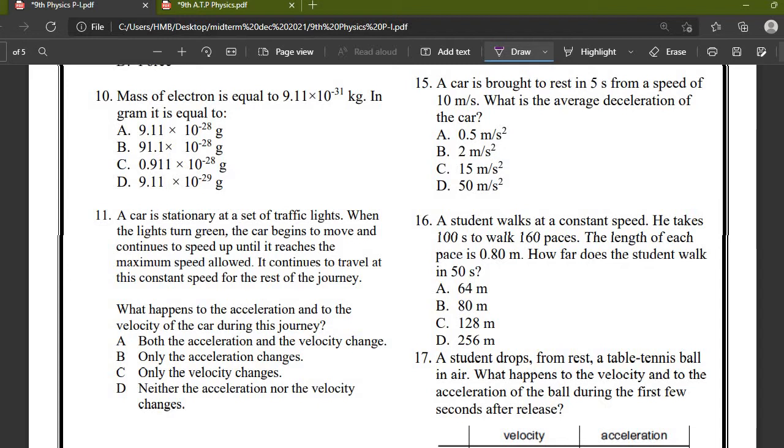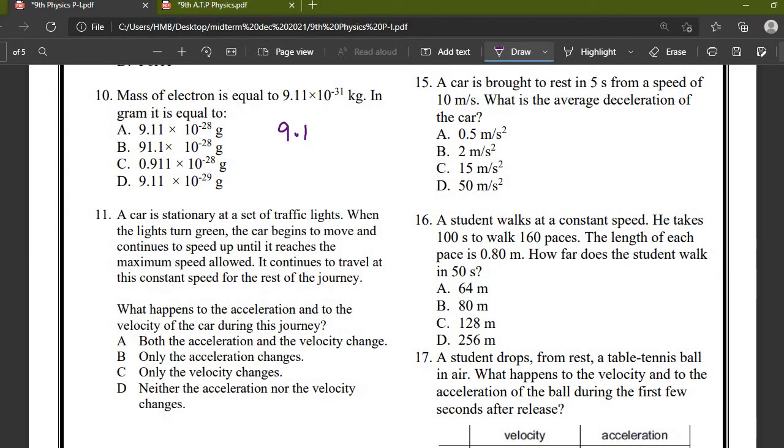Mass of the electron is equal to 9.11 × 10^-31 kilogram. To convert it into gram, we will multiply by 1000. So 9.11 × 10^-31 multiplied by 1000.